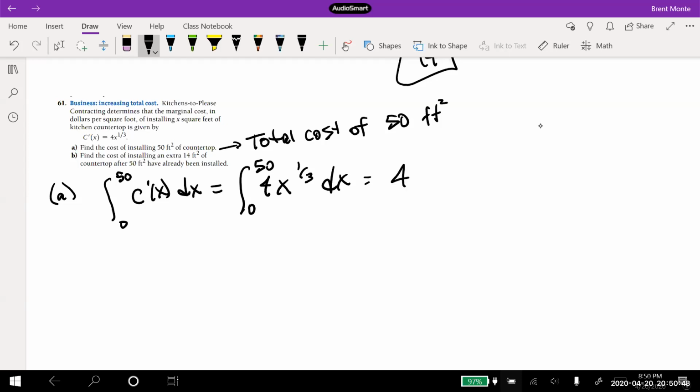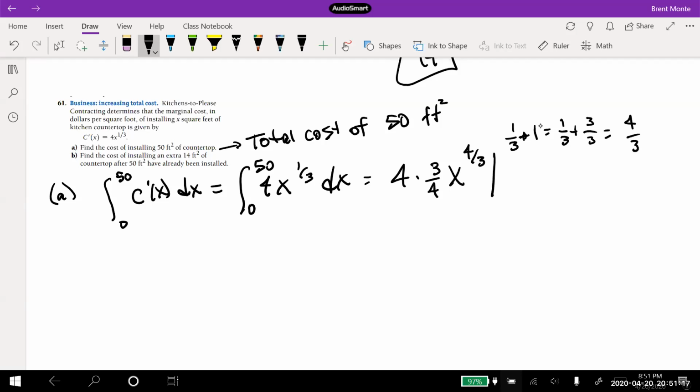Remember, the 4 is a constant multiple. It stays. We'll just put that here. The x, I have to add 1 to the exponent. So I'm taking that 1/3 and adding 1, which is really 1/3 plus 3/3, because I need a common denominator. So I'm going to get 4/3. So it's going to be x to the 4/3. And remember, multiply by the reciprocal.